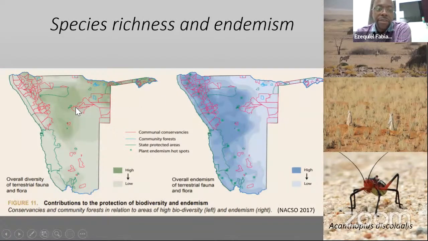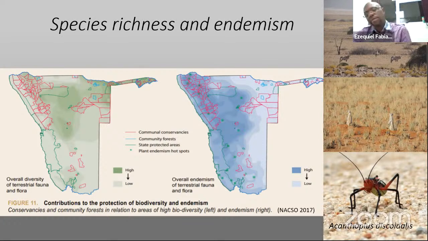Similarly, as we move from west to east, we do have a small change in terms of diversity, with higher concentration more to the central part of the country, and also more to this stretch here, which is called the Zambezi region, where I'm actually located, at that tip, at that corner there.